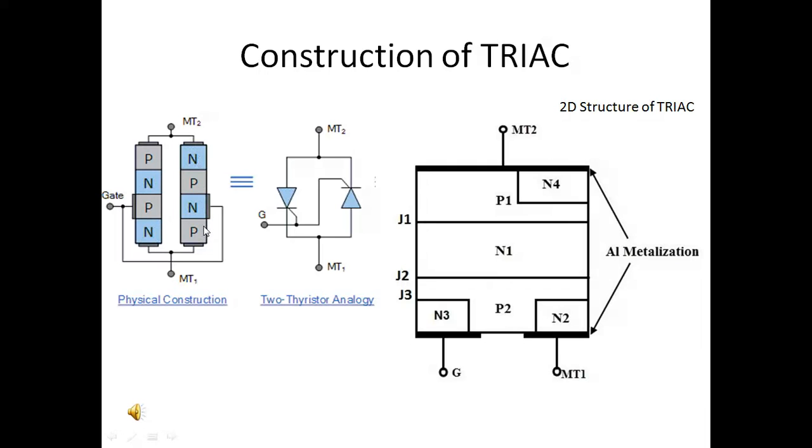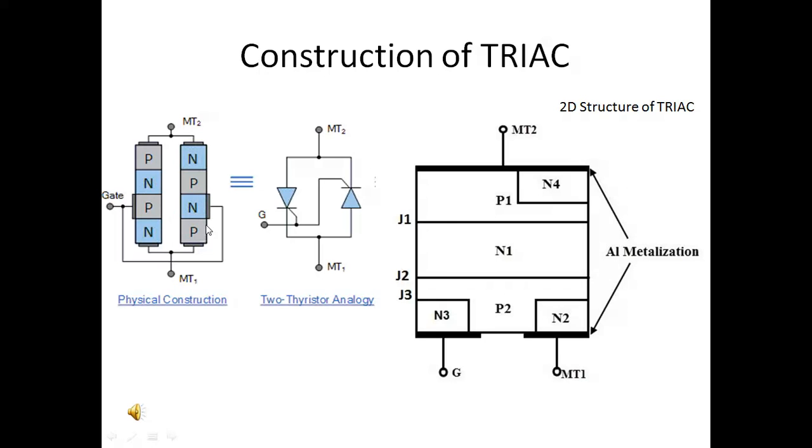According to the structure I have discussed, two SCRs are connected back to back, which forms a TRIAC. Let us consider the first SCR as PNPN type, and the second SCR, which is reverse connected, as NPNP type.